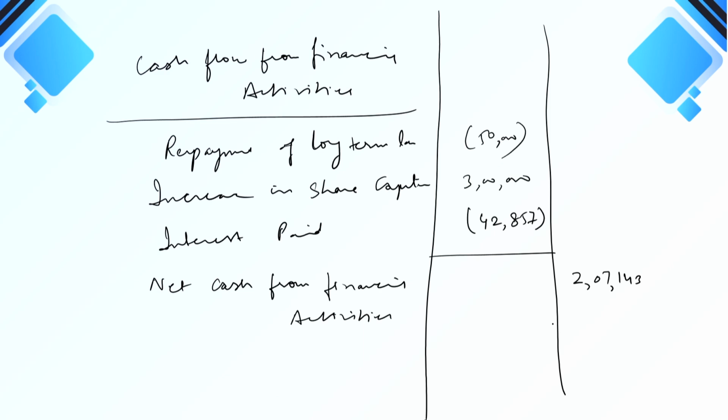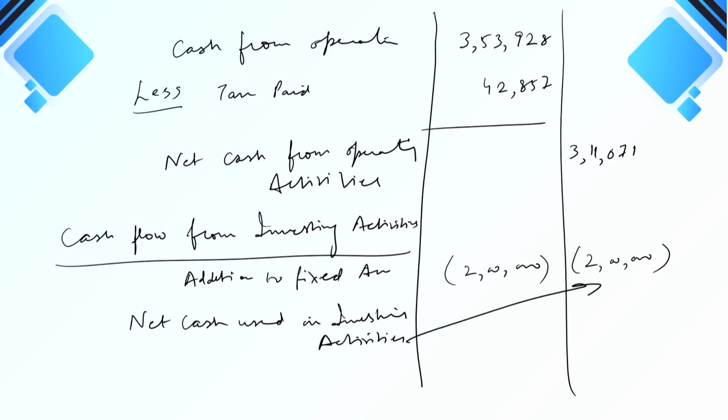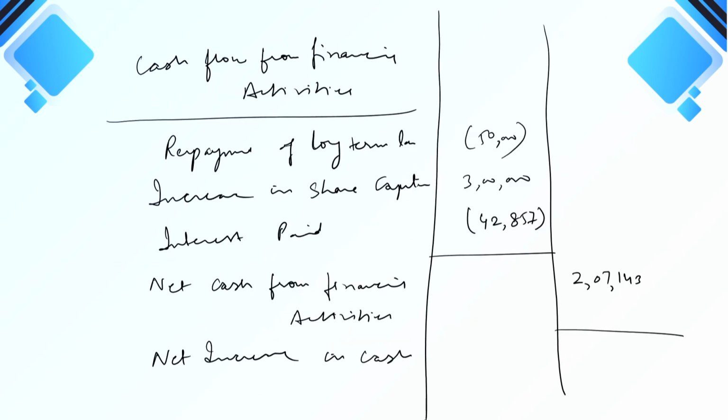After taking into account all these things, we can find out the net increase in cash, 3,11,071, deducting 2 lakh rupees, adding 2,07,143, we reached the figure of 3,18,214, which shows the net increase in cash.